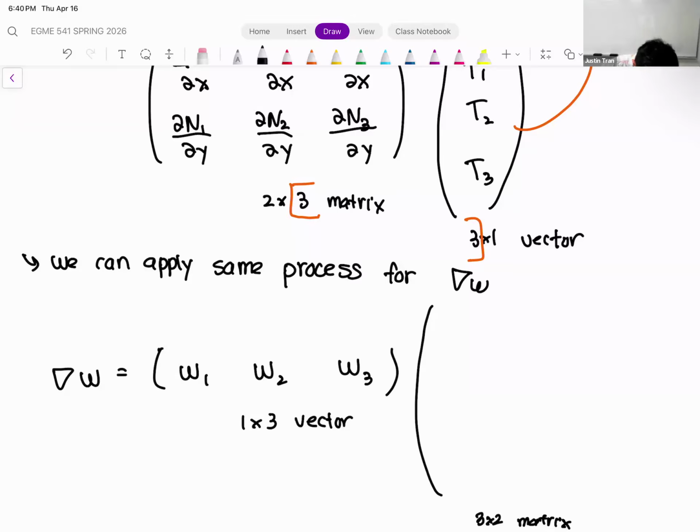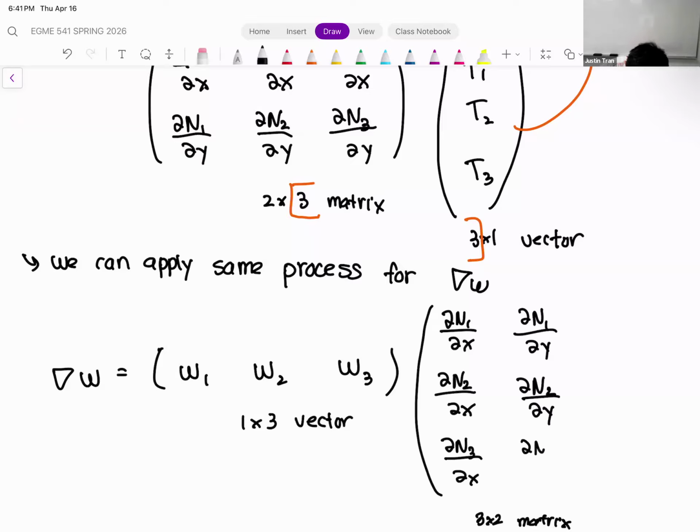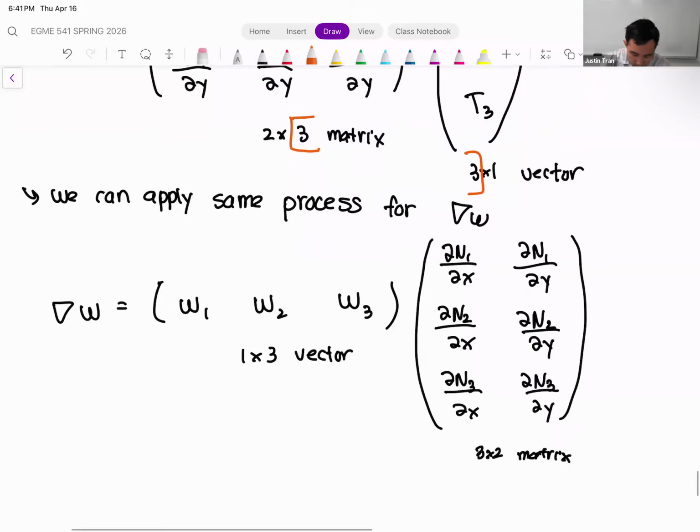So this can be partial n1, partial x, partial n2, partial x, partial n3, partial x. Then partial n1, partial y, partial n2, partial y, partial n3, partial y. All right, so we can check the dimensions here again. We have an inner dimension of 3 and 3, so the matrix vector multiplication works out in this case. And then we get the same result as above.